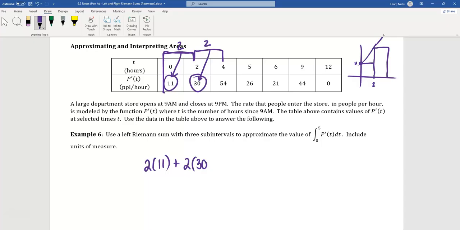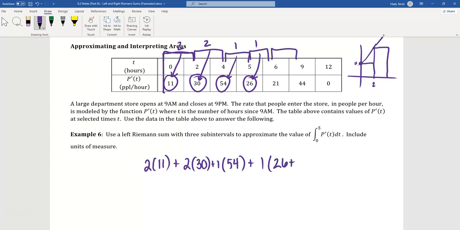Yeah, we'd be choosing the next ones. So this only has a width of 1. And then the left height is going to be 54. From 5 to 6, that's just a width of 1. What's the height there? 26.